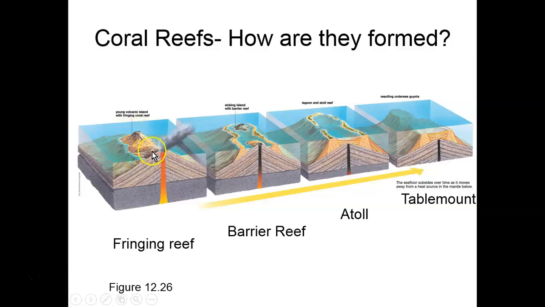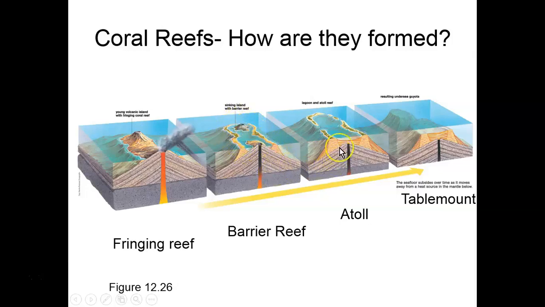Now, as time goes on, we see that heat supply that builds the lithosphere is gradually going away. So because it's not building up the island as much, there's more erosion that can happen with the island. So the island sinks back down, but the reef is a nice hard structure and therefore it stays there. And so now we have what's called a barrier reef around the island.